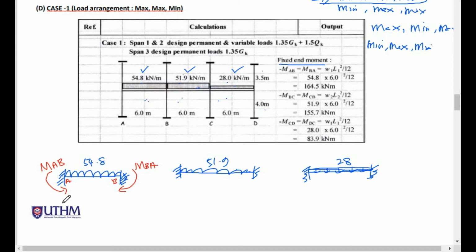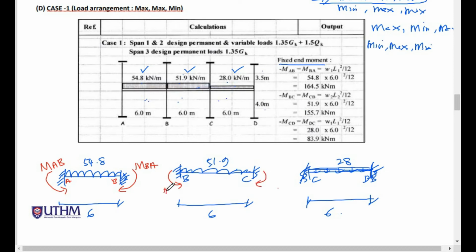The length here is 6, and also 6. Here is B, C, C, D, and the direction for the moment is this way. So here is MBC, B to C. Here is MCB, C to B. And the third span is MCD, and here is MDC.